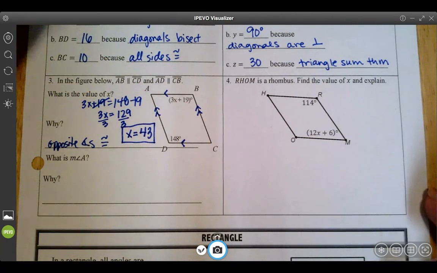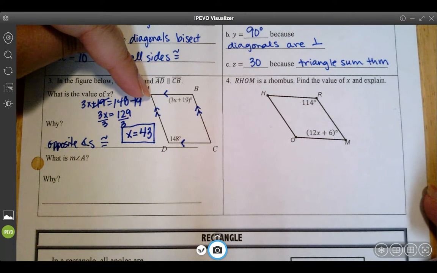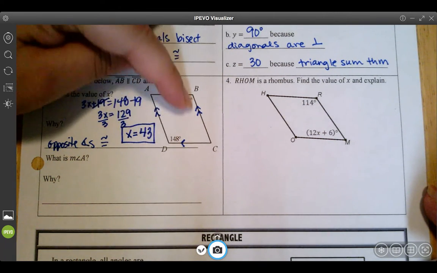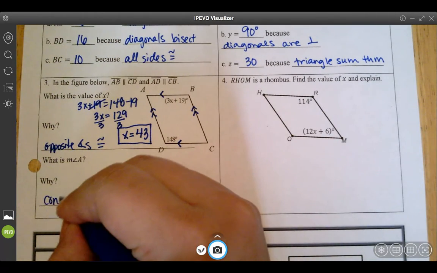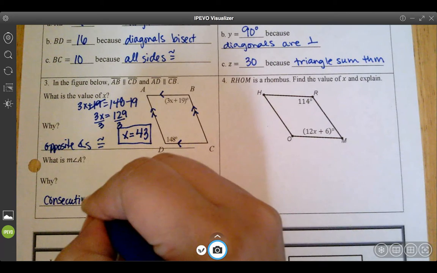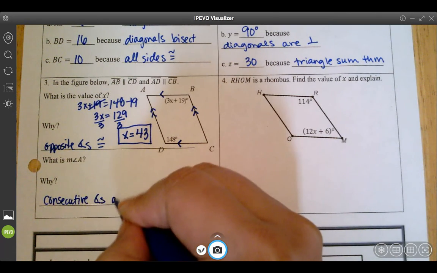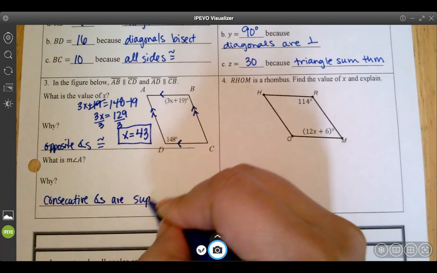Okay, if we need to find the measure of angle A, we have another property to use, and that is not opposite angles, but consecutive angles. So what can we say about consecutive angles? They are supplementary.